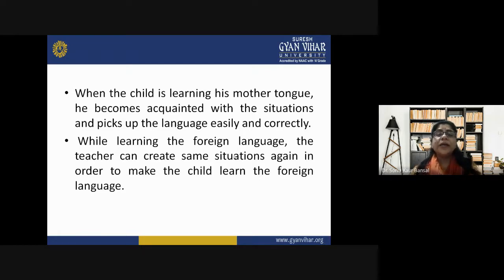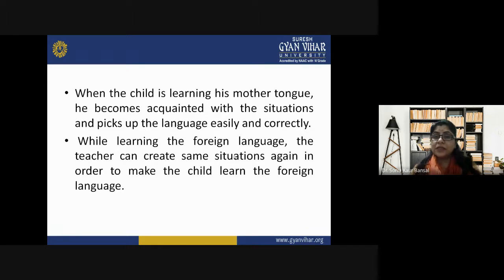If you are calling a spoon chammach in Hindi, it is always understood by the child that it is a chammach, and the spoon vocabulary is not inculcated in his mind. But when it comes to the English language, and you are showing a spoon to your student, the teacher understands it is a spoon, but the child is looking at the shape and understanding that it is a chammach, not a spoon.